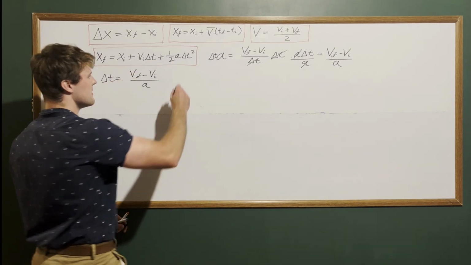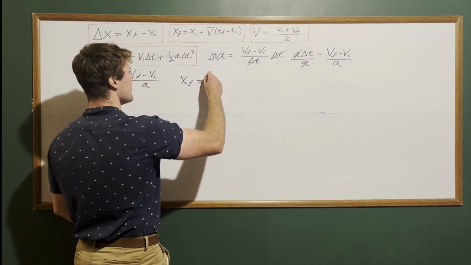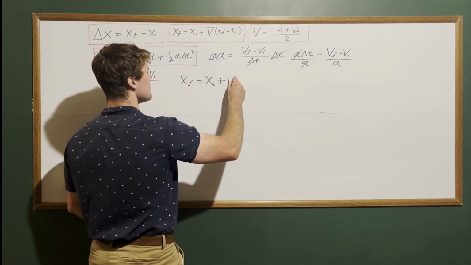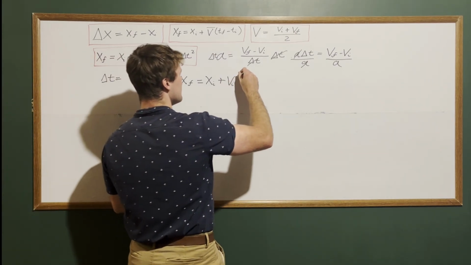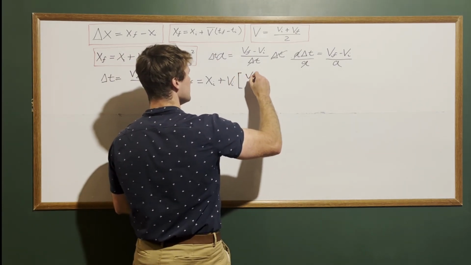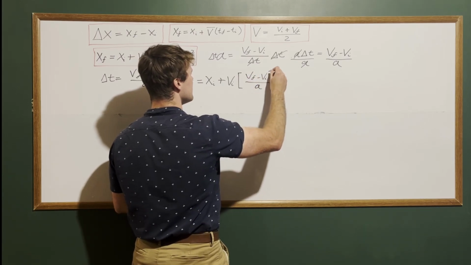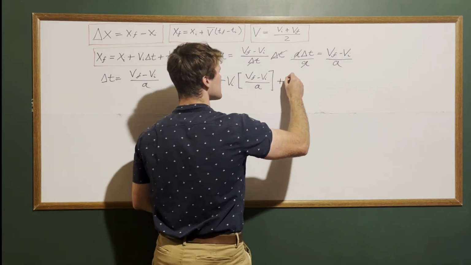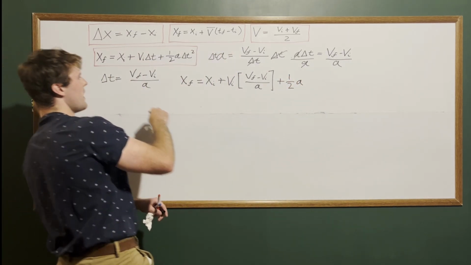So let's see what happens. xf, just rewriting this equation, equals xi plus initial velocity times delta t, which is this, vf minus vi over a, plus 1/2 a, delta t squared.